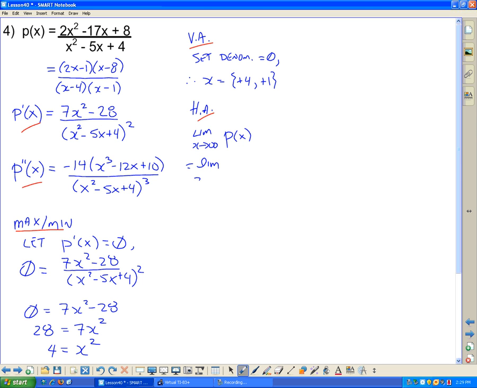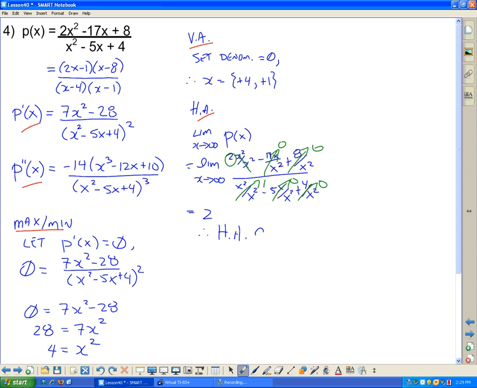So the limit as x approaches infinity, we're going to divide by x squared: 2 minus 17x over x squared plus 8 over x squared, all over x squared over x squared minus 5x over x squared plus 4 over x squared. That's just going to go to 2, 0, 0, 0, 0, and a 1. So that leaves us with 2. So horizontal asymptote at y equals 2. So the horizontal asymptotes are taken care of.